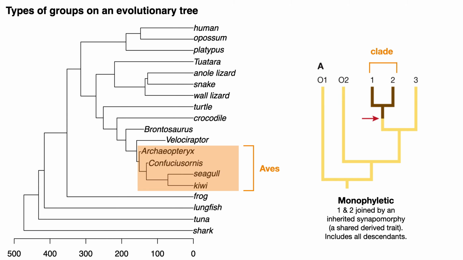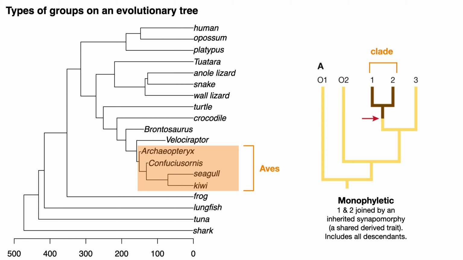When we read an evolutionary tree, we'll notice a few different kinds of groups that mean different things. The kind of group that we're always looking to recover are groups that we call clades. Again, monophyletic groups that are joined by a shared derived trait that we also call a synapomorphy.